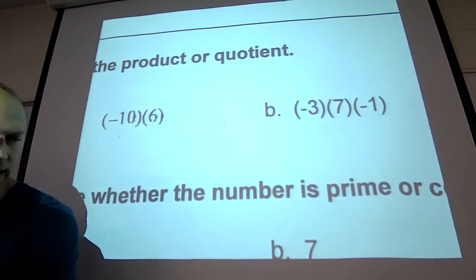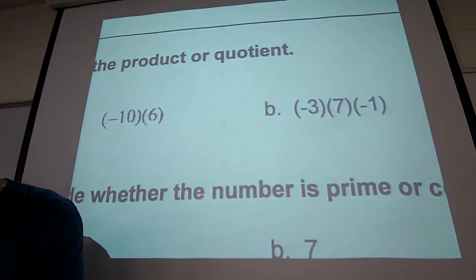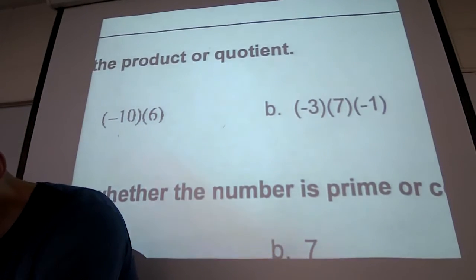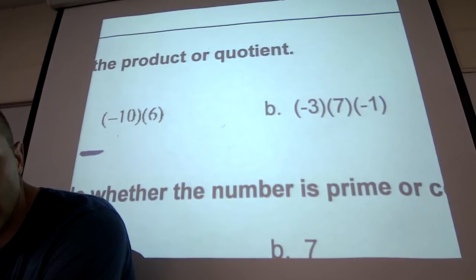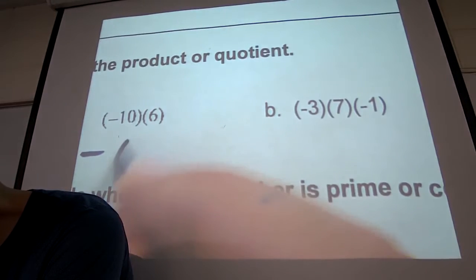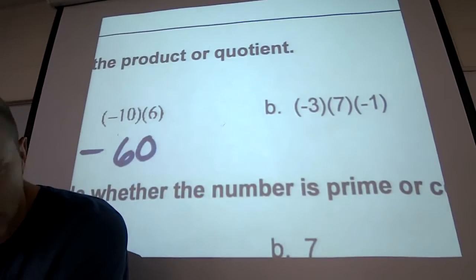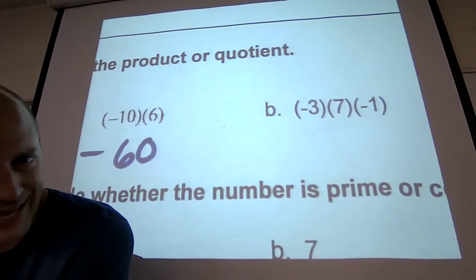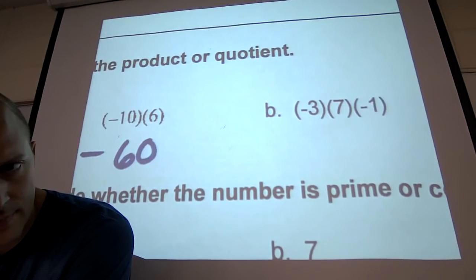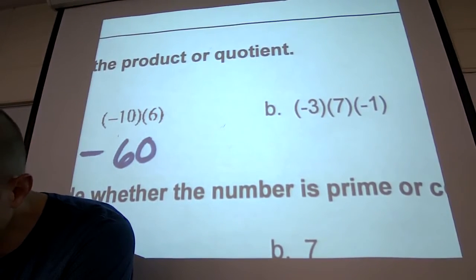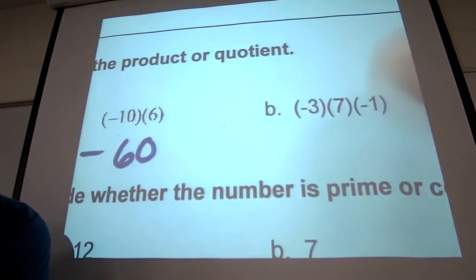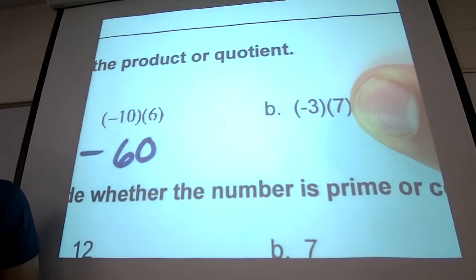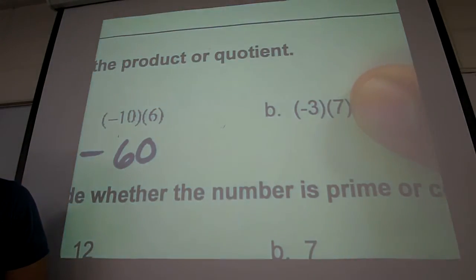This one I have negative 10 times 6. One's a negative, one's a positive, so I have a negative. And 10 times 6 we all know is 60. So final answer is negative 60. Okay. Next one. If you have a line of 3, just cover up one of them and multiply.